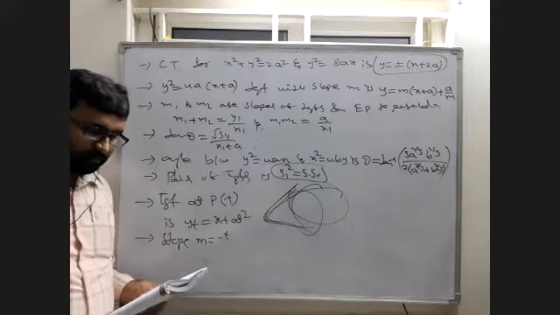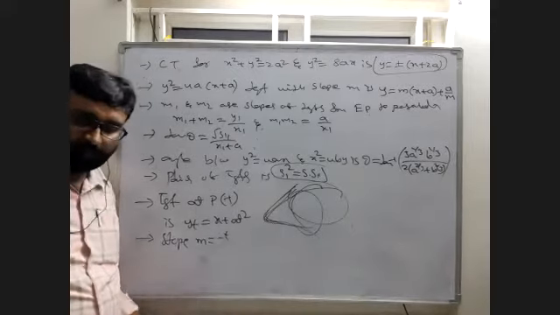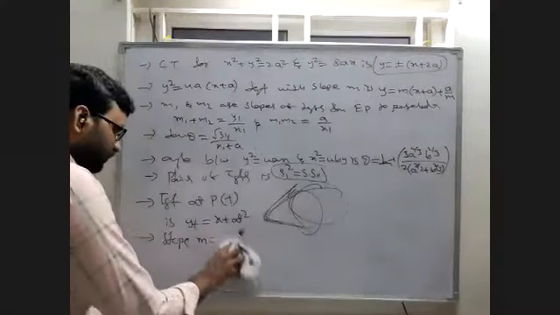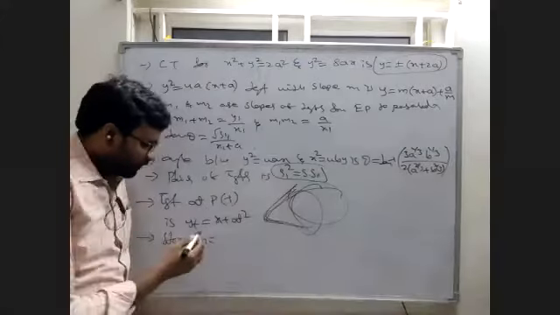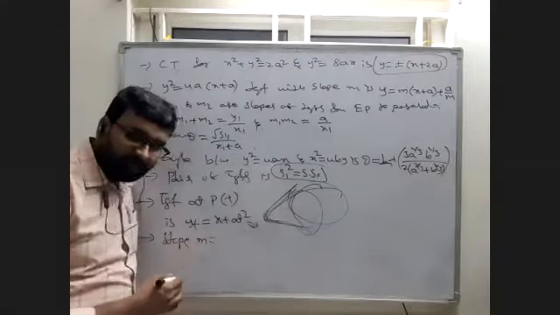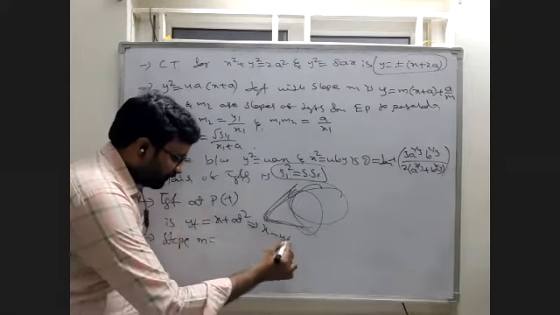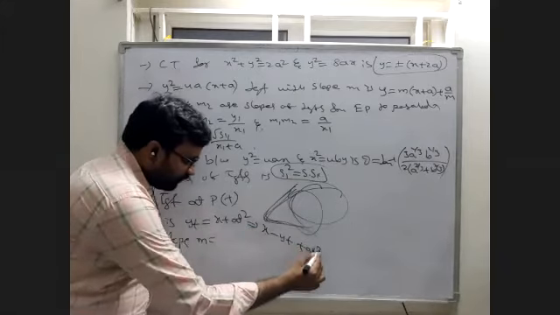The slope of the tangent at t, the parametric point, is what? 1 by t. Then I'm writing in the standard form. Taking the side, x minus yt plus at square is equal to 0.